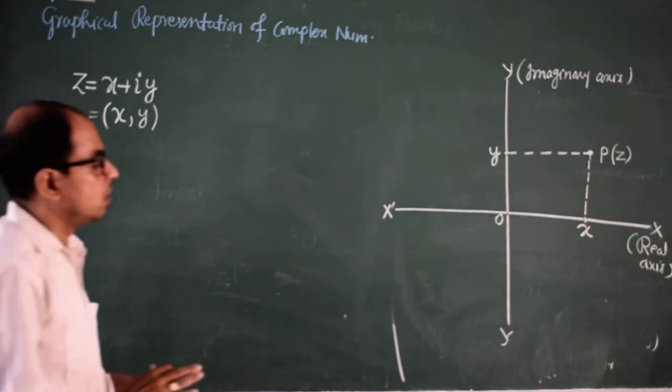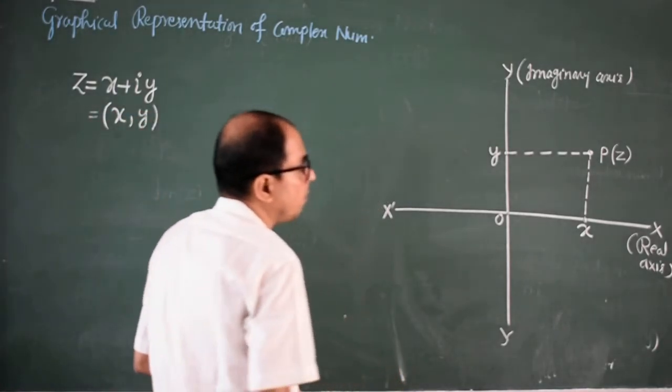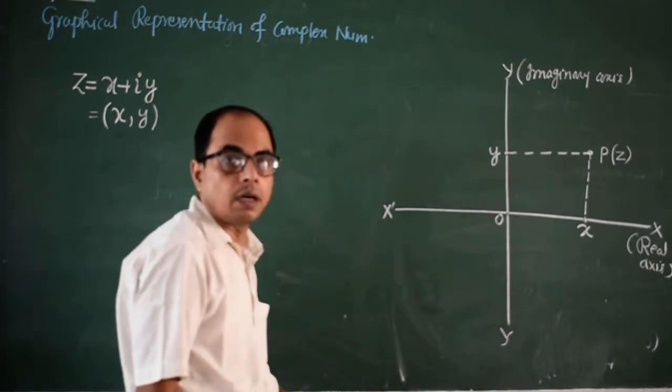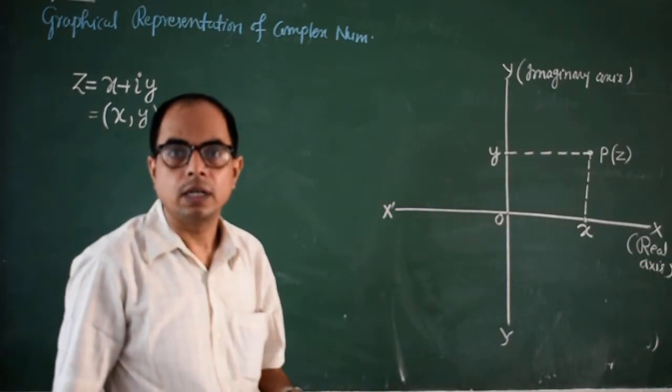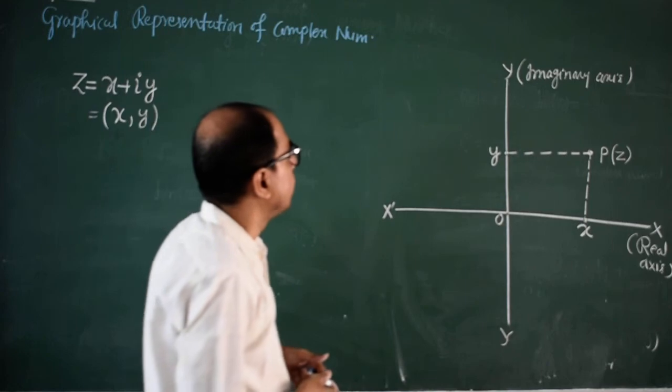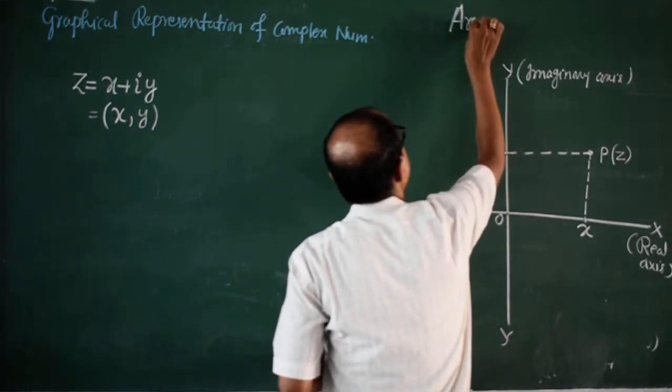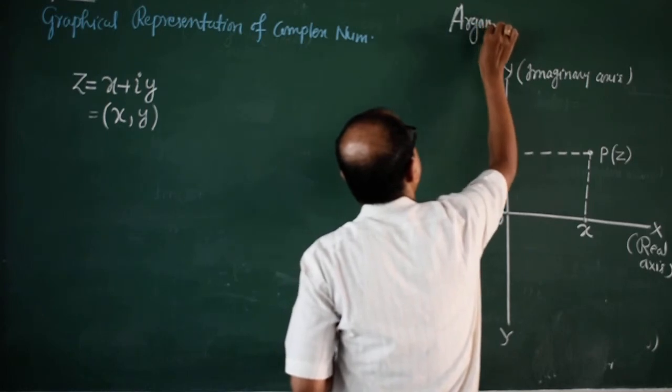Now, when any complex number is plotted in this xy plane, clear? This plane is given a special name. This plane is called the Argand plane.